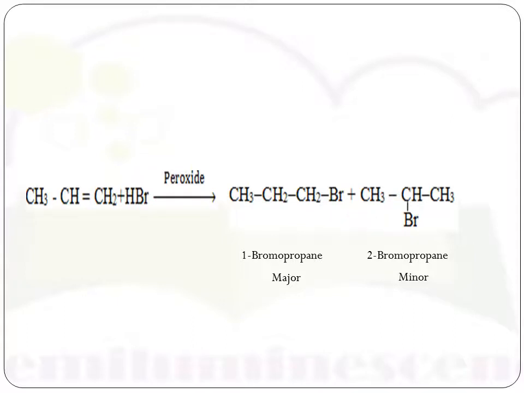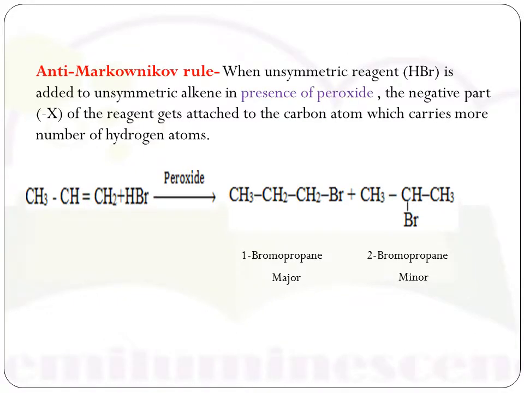So what is the statement of anti-Markovnikov's rule? It states that when an unsymmetrical reagent is added to an unsymmetrical alkene in the presence of peroxide, the negative part of the reagent gets attached to that carbon which is carrying more hydrogen atoms, and the product obtained from this is the major product.